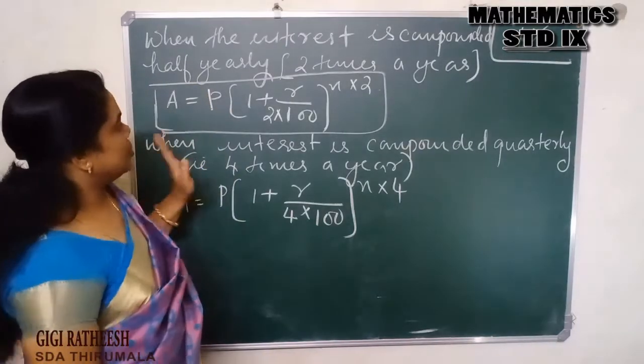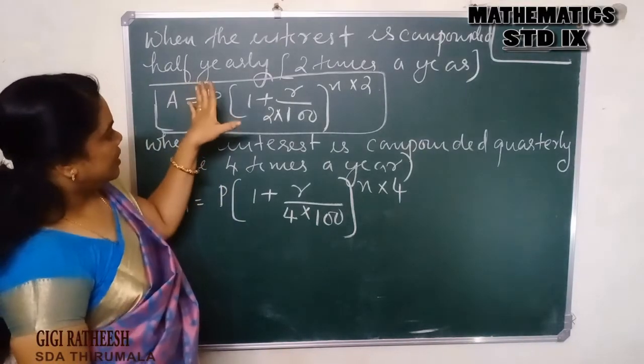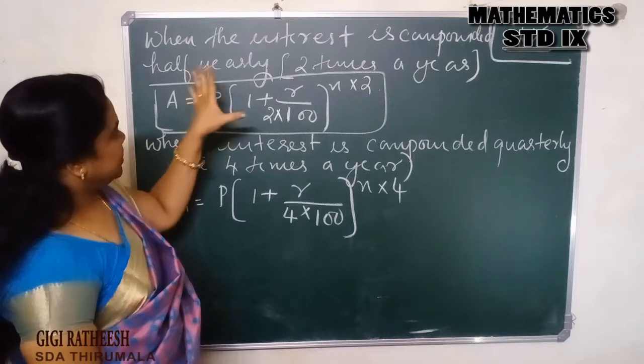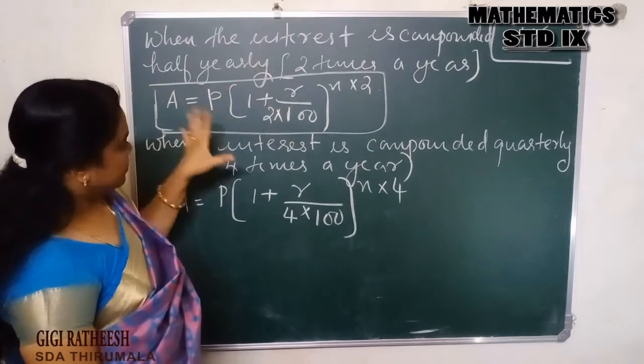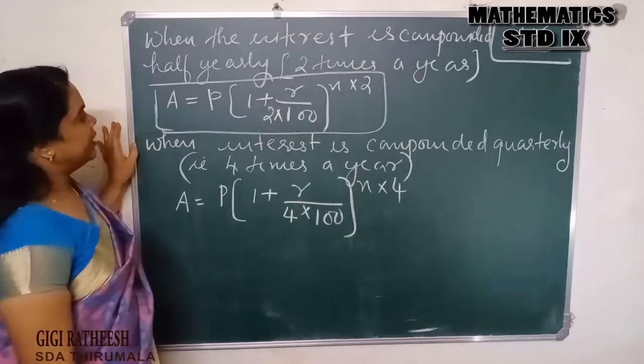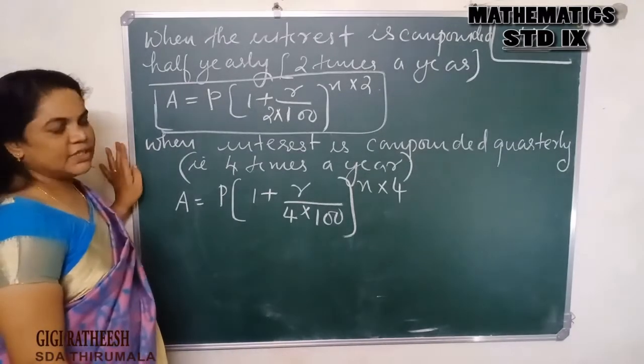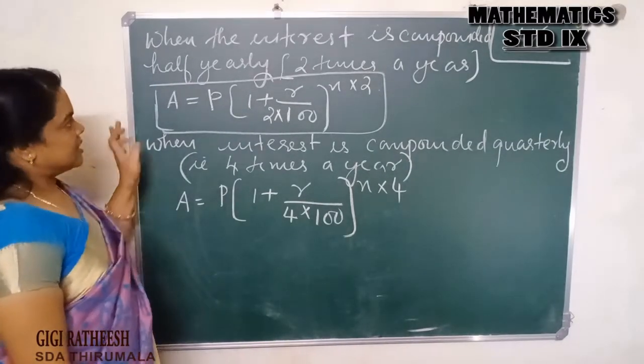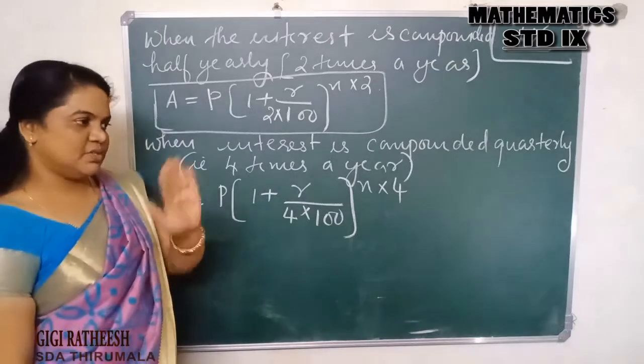When the interest is compounded half yearly, what is the formula for calculating the compound interest half yearly and quarterly? First, when the interest is compounded half yearly, that is 2 times in a year, meaning 6 months and 6 months.